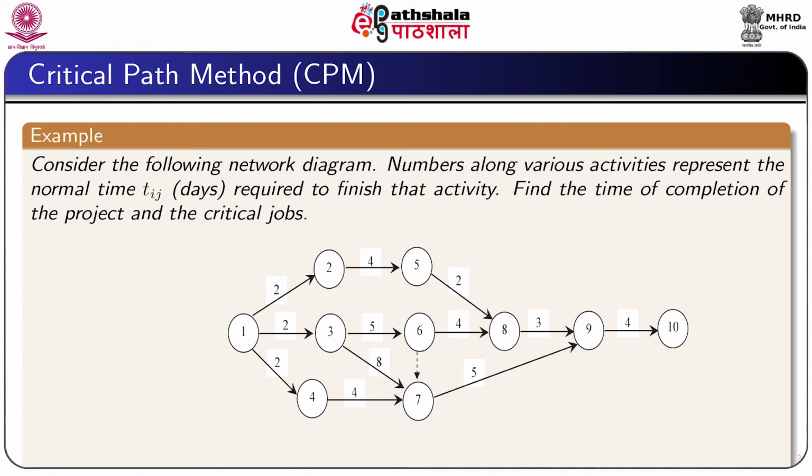Numbers along various activities represent the normal time Tij in days required to finish that activity. So, numbers over arrows denote the normal times of activities.